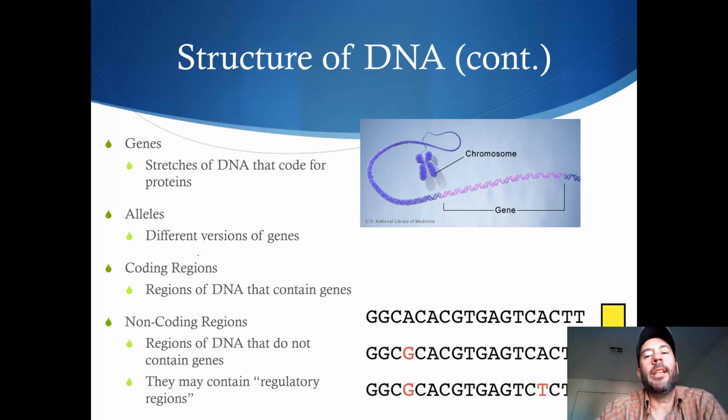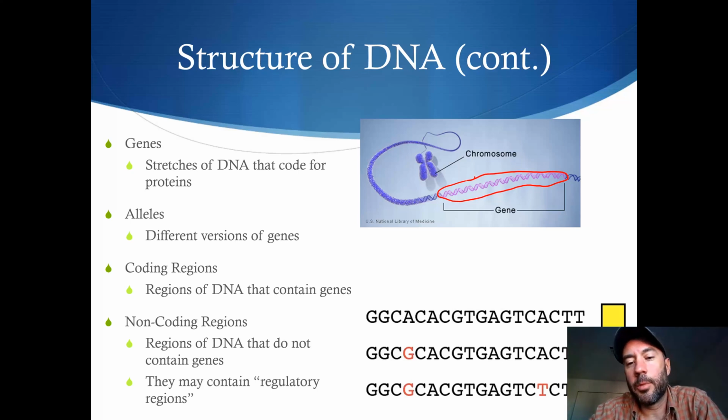Now, a gene is nothing more than a stretch of DNA, a certain area in DNA that codes for a particular protein or a series of proteins, okay? When people say, oh, there's a gene for that, the gene for eye color, the gene for height, the gene for sexual orientation, it's become real big to try and find a gene for that.